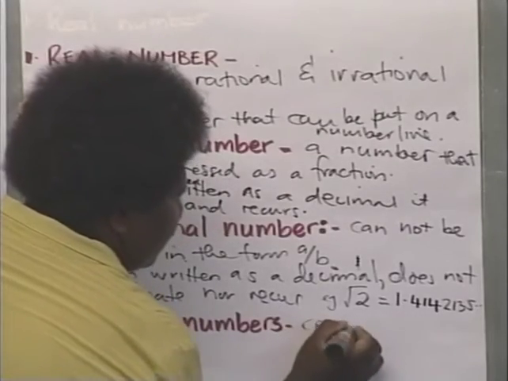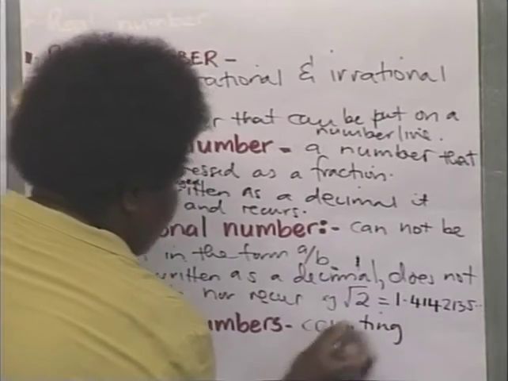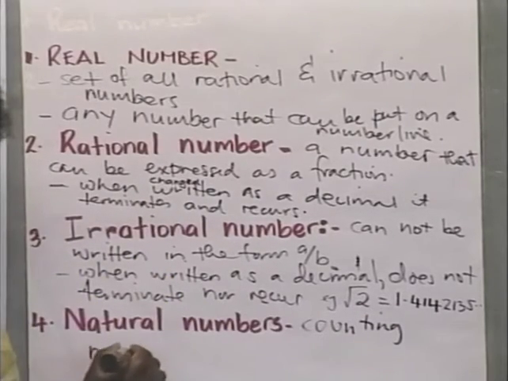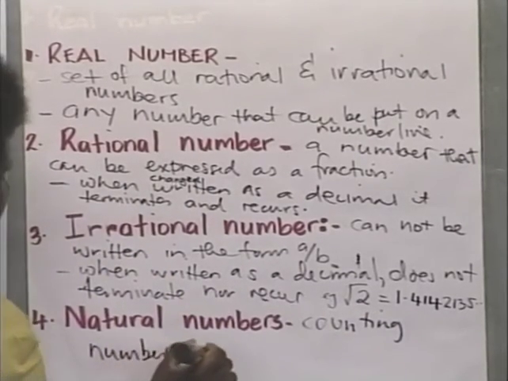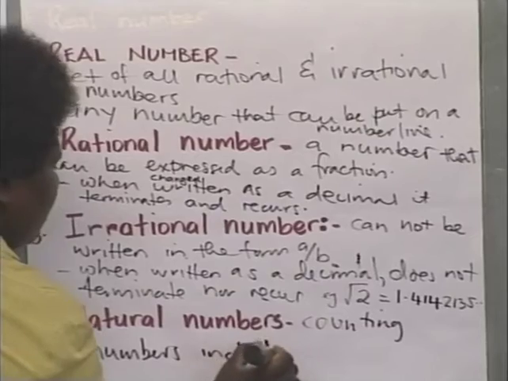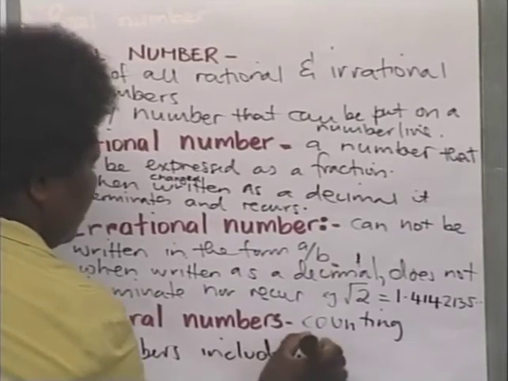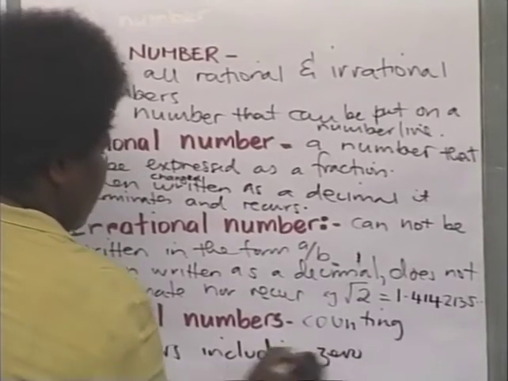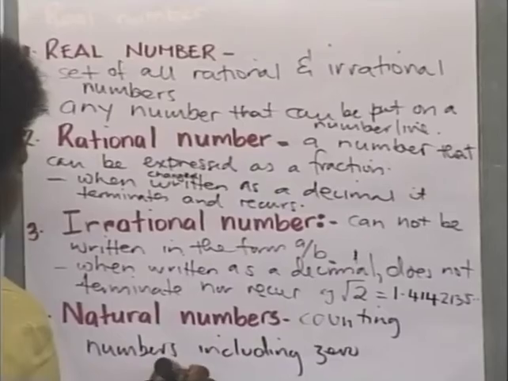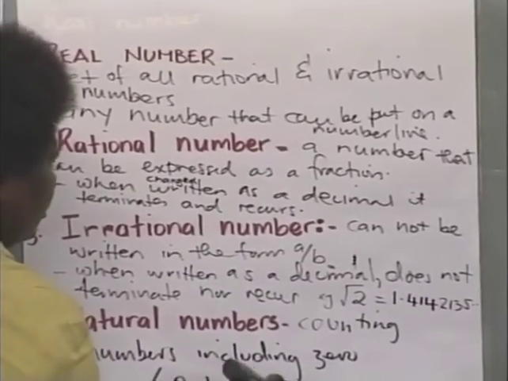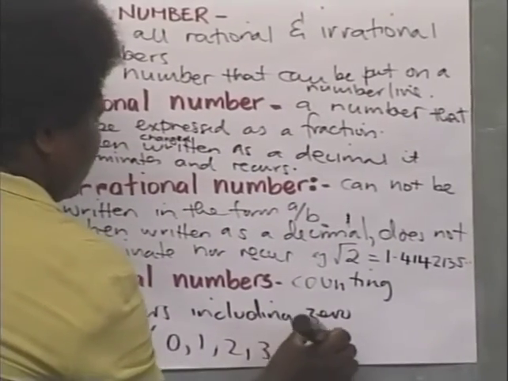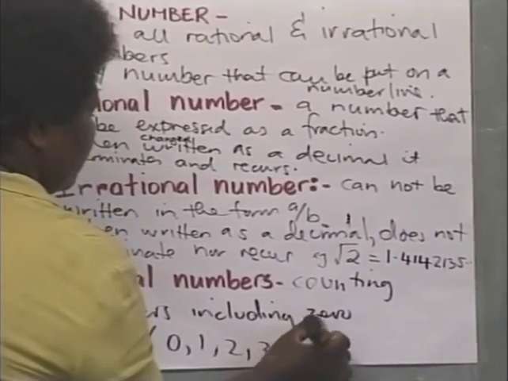Natural numbers are any counting numbers excluding 0. Okay, natural numbers are counting numbers including 0. So they are 0, 1, 2, 3, and so on.